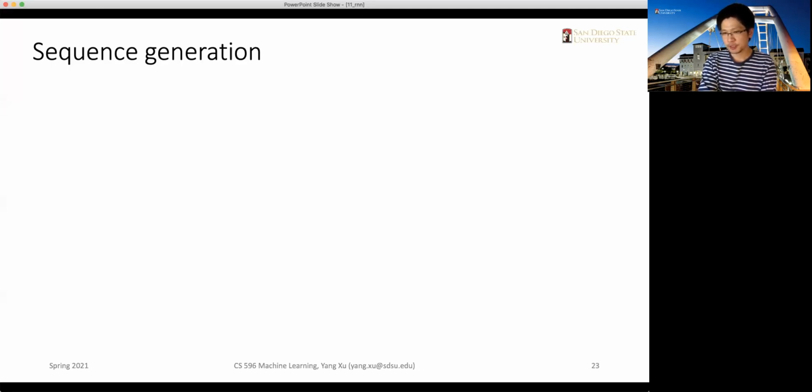So in short, the RNN's architecture is not easy to optimize with the parallel mechanism in GPUs, right?